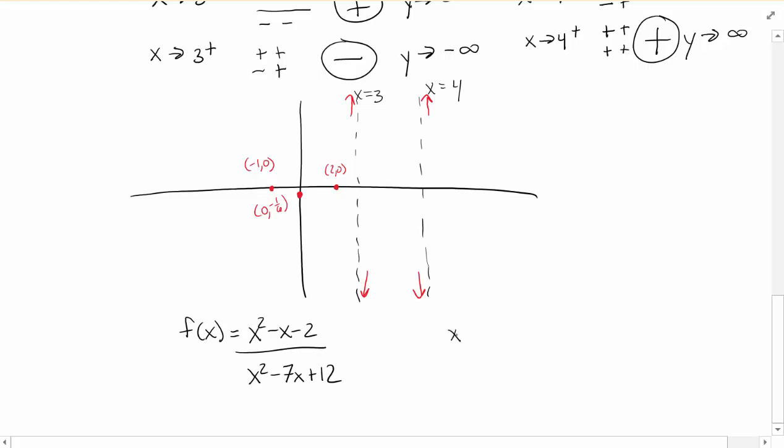So it's going to level out at essentially x squared over x squared, or a ratio of the leading coefficients, which is 1 over 1, which is 1. So my function should behave like y is equal to 1 far out left and far out right. So let's say here is y equals 1. Let's say over here, y equals 1. So when I get over there, I should look like those lines.